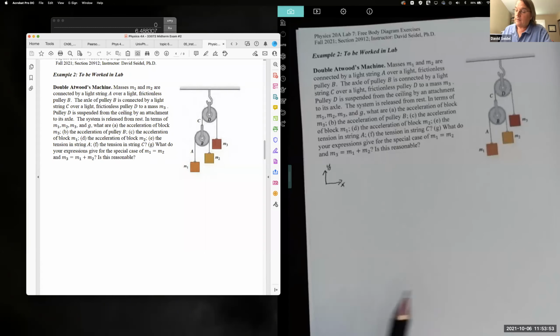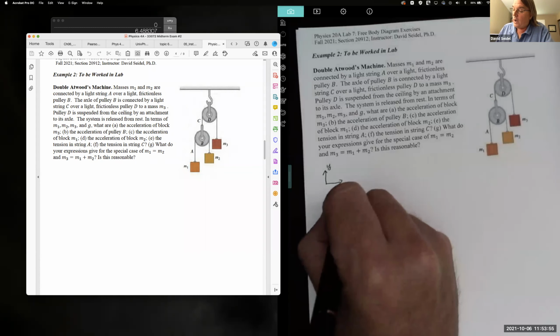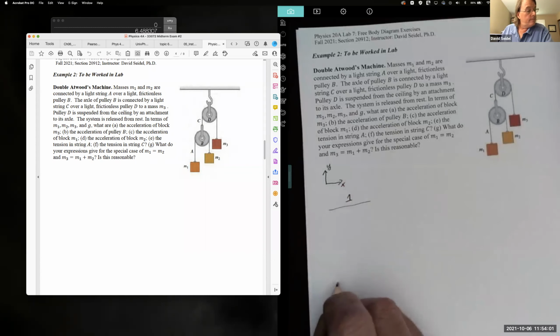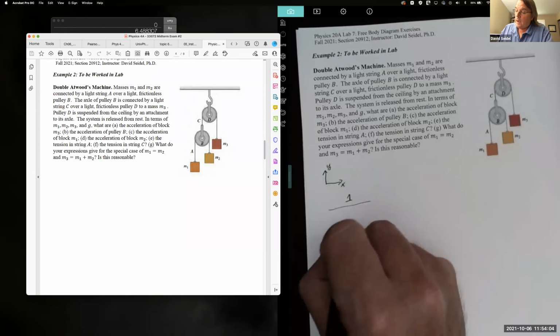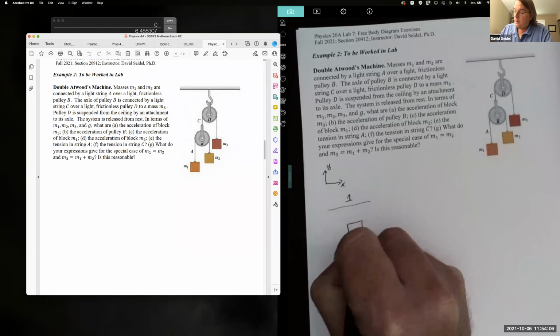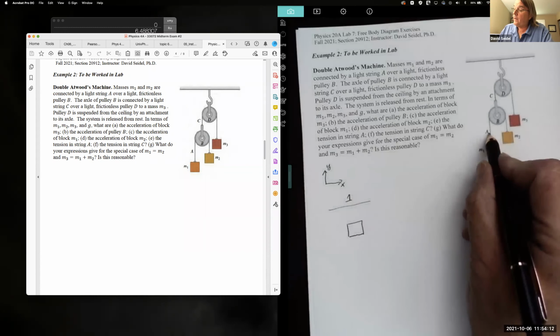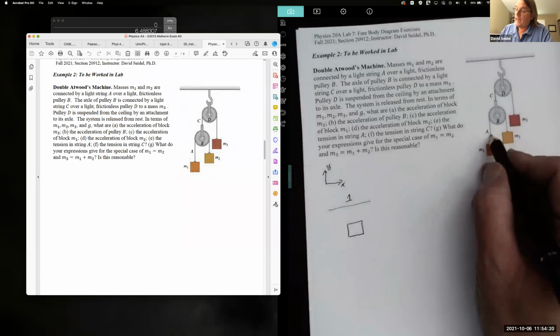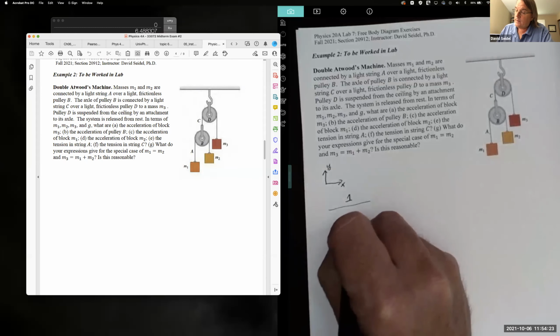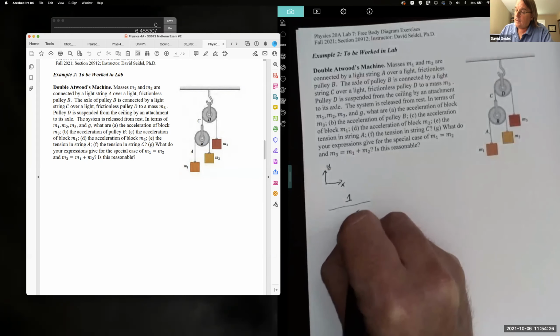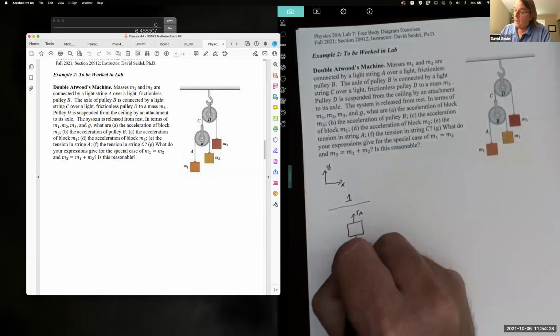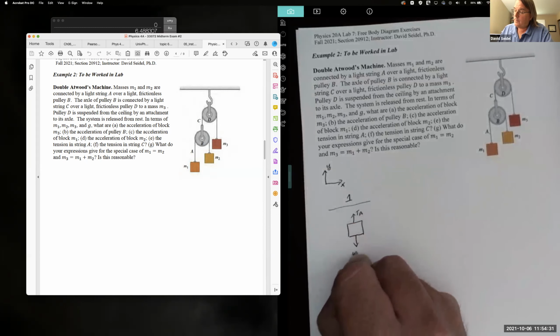4 free body diagrams. I'm going to do object 1. Here's object 1. I have here's rope or line A. So it's got line A attached to it, string A. So I have T A, and I have down W1.